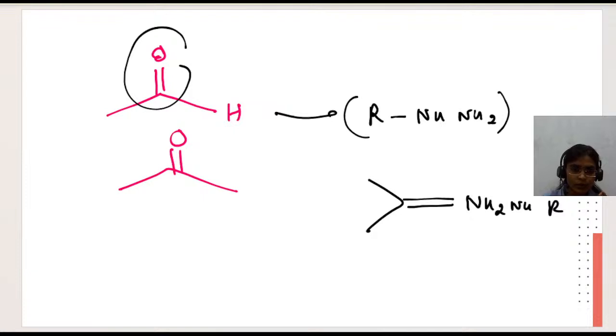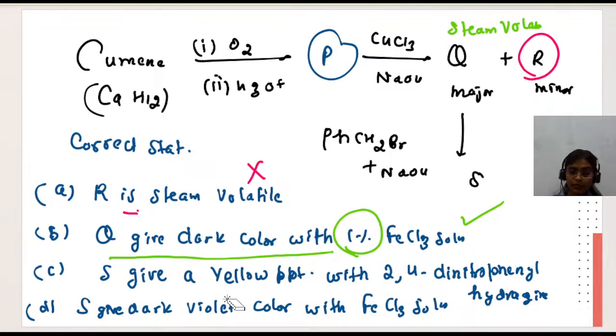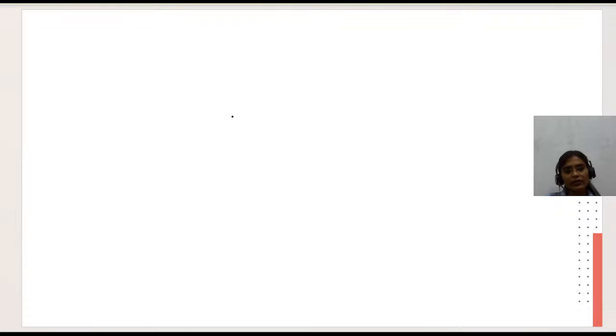So what does the question want to highlight with statement number three? S gives a yellow precipitate. We know one thing: 2,4-dinitrophenylhydrazine. What is this? You know hydrazine, I guess, NH2 NH2 kind of thing. It's a hydrazine molecule connected with different groups. What is 2,4?